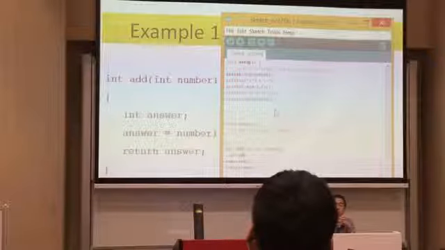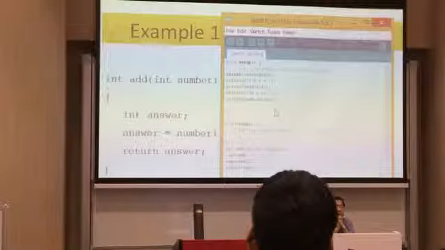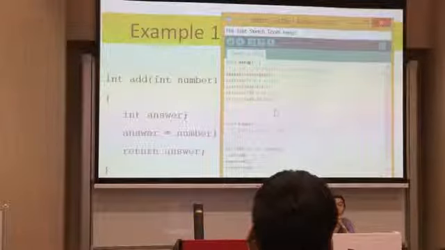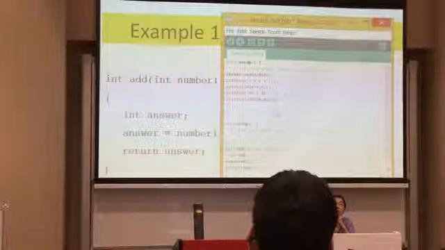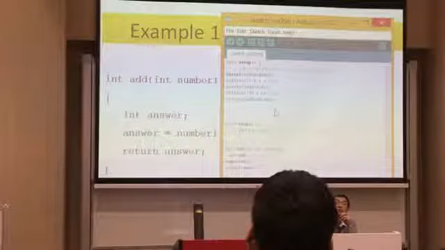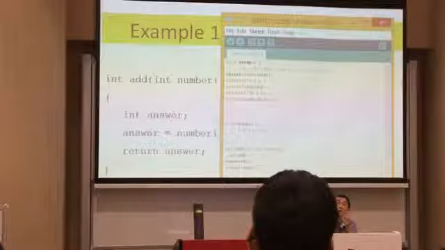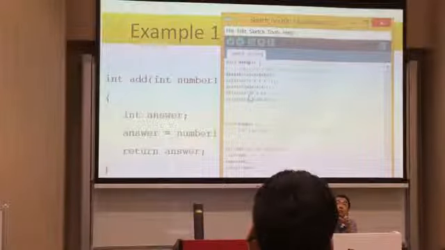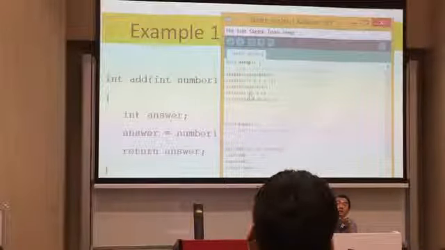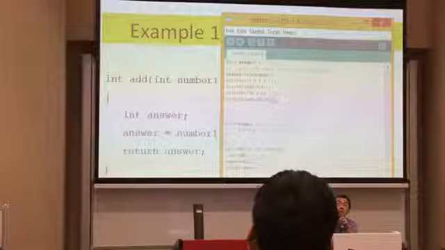So what kind of output are you expecting? If I run this program, the first output should be 3 plus 6 equals 9. Then the next line will be 30 plus 60 equals 90.